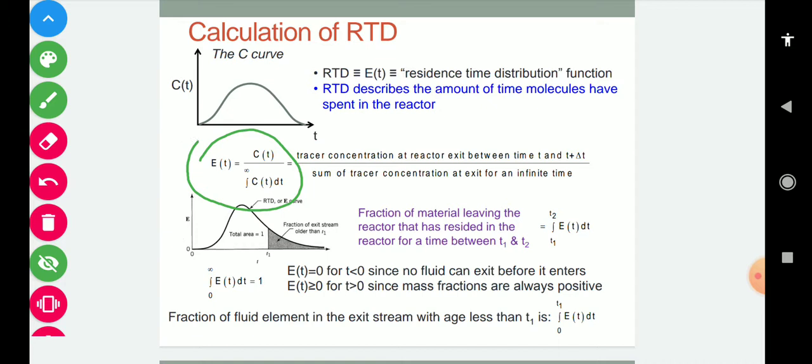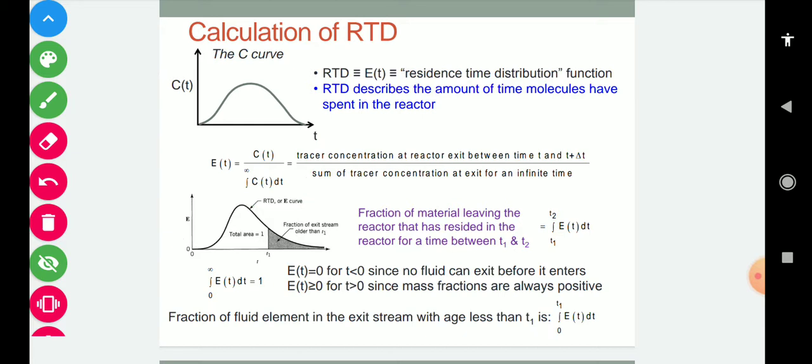This residence time function is denoted by E(t) equal to C(t) divided by the sum of the concentration, or you can say the tracer concentration at the reactor exit between time t and t plus dt, divided by the sum of tracer concentration at exit for an infinite time. So this is the formula for calculating E(t).